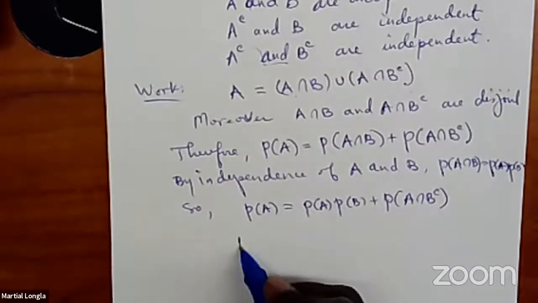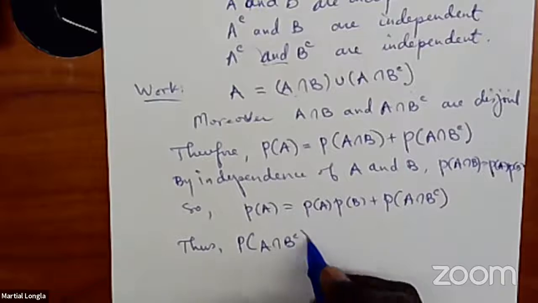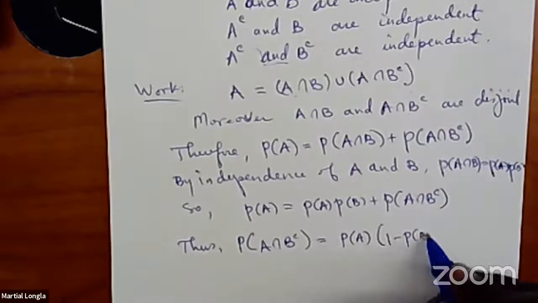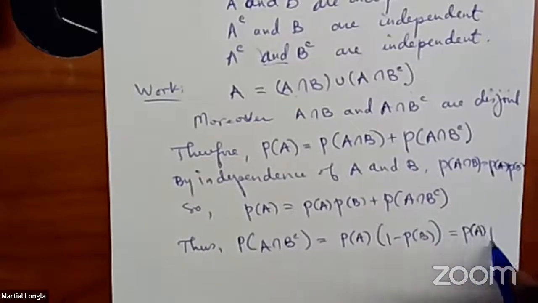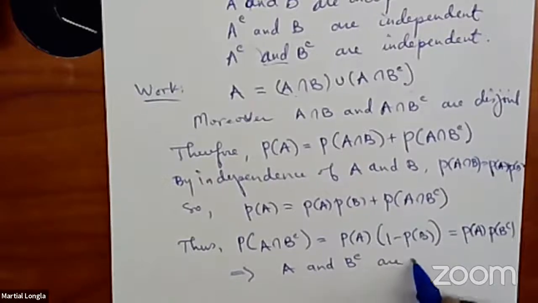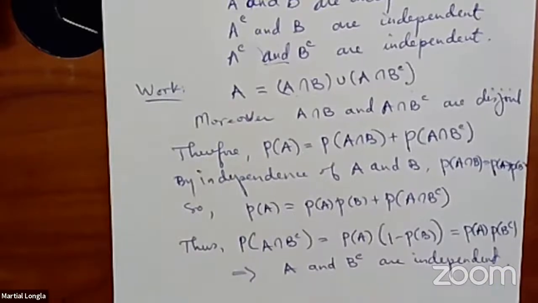It follows that P of A and B complement equals P of A times 1 minus P of B, which is P of A, P of B complement. And that means that A and B complement are independent. So I'm leaving the other two as exercise for you. You can practice on that the same way we did this one.